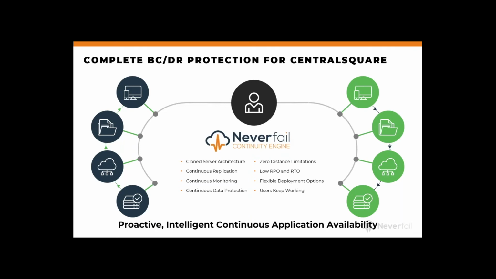And what do we mean by true clone-based? We basically just do a snapshot copy of your production server and set it aside. That's what we do. Continuity Engine then replicates the minute changes of the application and data sets over to that snapshot copy in real time.